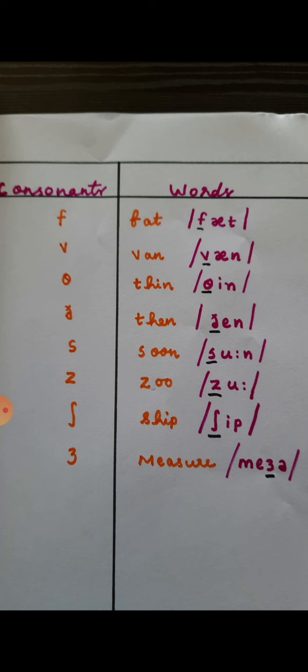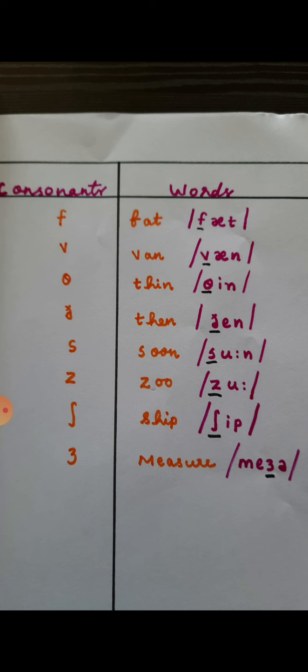S-H-I-P, ship. How to write? Open the slash. You write the sound sh. Then E, that is small letter I. Then the P sound. P is the alphabet, but the pronunciation is P. And we close the slashes. That together gives you the word "ship."